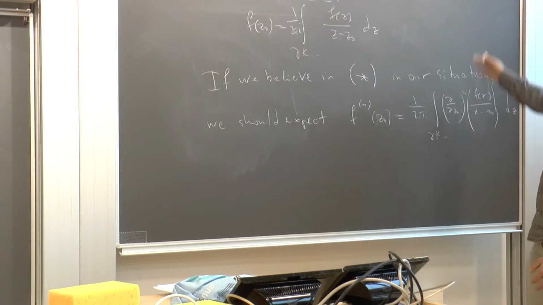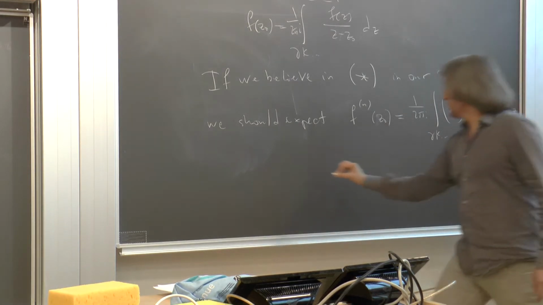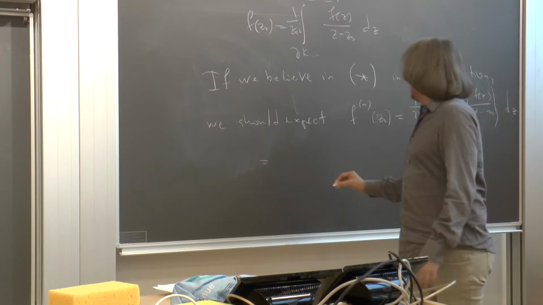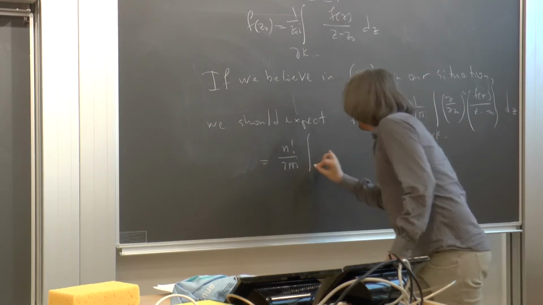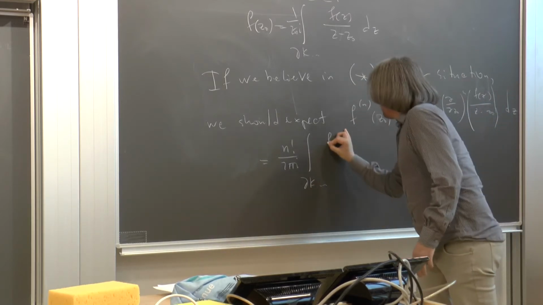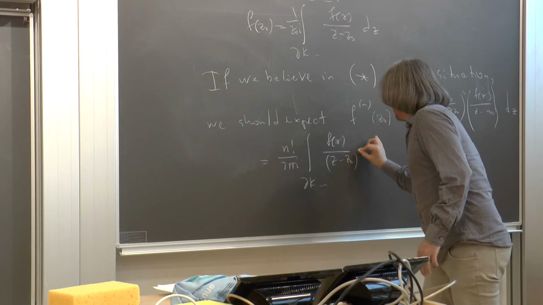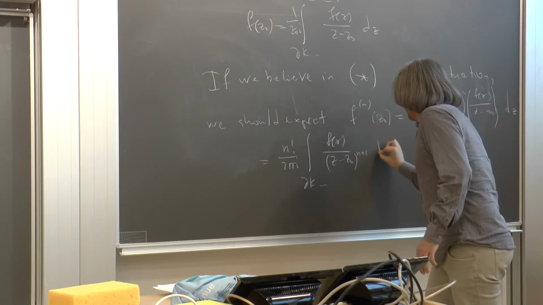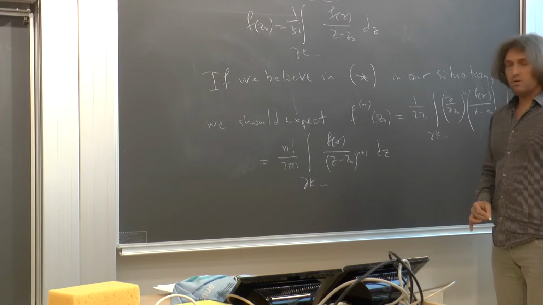So let's now substitute our calculation. So the nth derivative of this will be exactly n factorial over 2 pi i integral over the same thing of f of z over z minus z naught to the power n plus 1 dz. Non-proof.